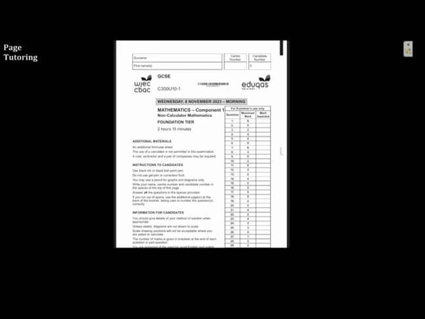Now, looking at the additional materials section here, if you're ever in doubt of whether a question might need you to use a ruler or a compass, you can always have a quick check of this additional materials. Going to the next page, you are given a formula list.